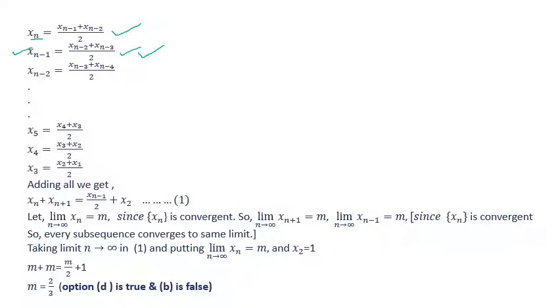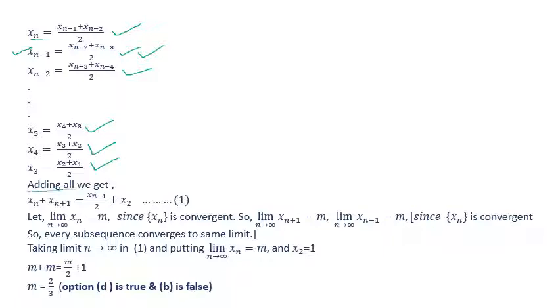Similarly, xn minus 2 equals xn minus 3 plus xn minus 4 by 2, and continuing this process we will get x5 equals x4 plus x3 by 2, x4 equals x3 plus x2 by 2. Similarly, x3 equals x2 plus x1 by 2.